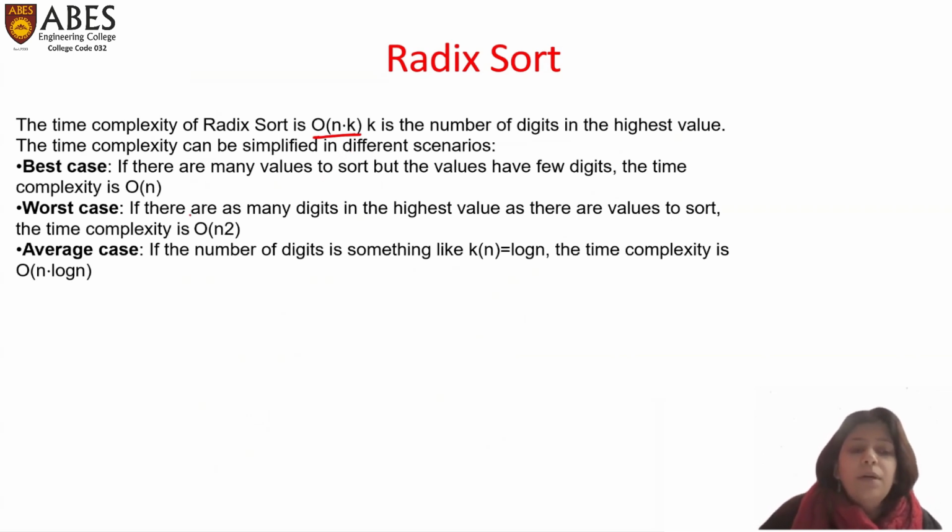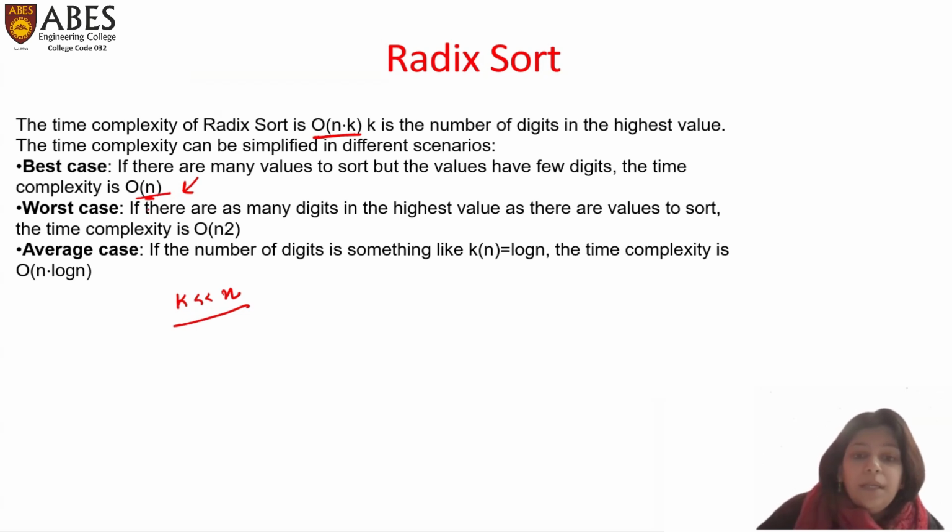So if we talk about the best case, worst case, and average case complexities of the Radix sort algorithm, we can say that it is O(n) if the number of digits in the input is very few with respect to n, right? If the value of k is very less than n, then the complexity can be represented as O(n), right?